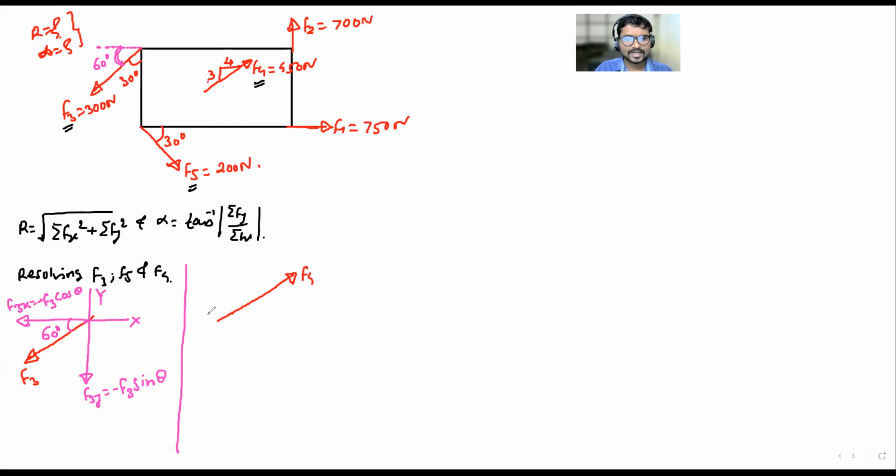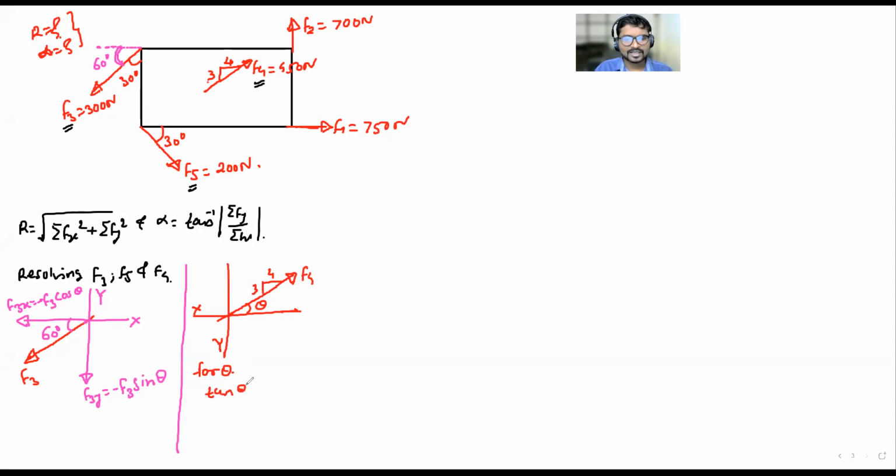Then x and y axis we have to draw. Suppose this is a horizontal line as x axis and a vertical line through the intersection as y axis. Now about its angle, they have given us the slope. When the slope is given, we take tan inverse of y by x for theta.